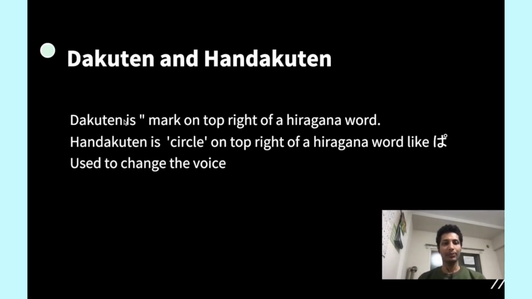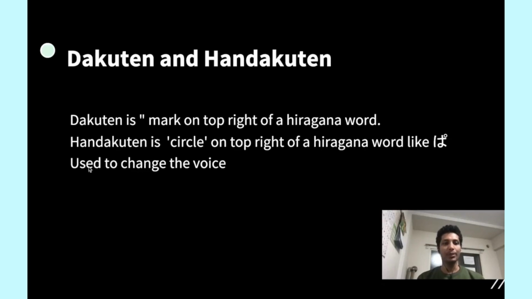Similar to this, Han dakuten will be a circle on the top right corner of a hiragana character, like this. This was ha, and when I put this circle here, it becomes pa, right? The pronunciation has changed because now it has become Han dakuten.